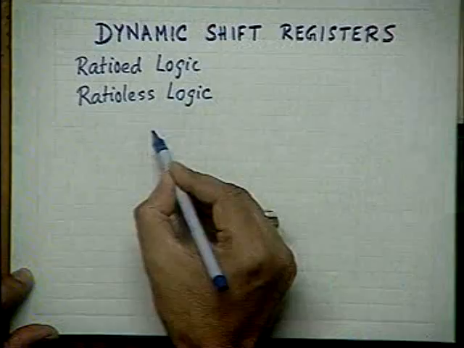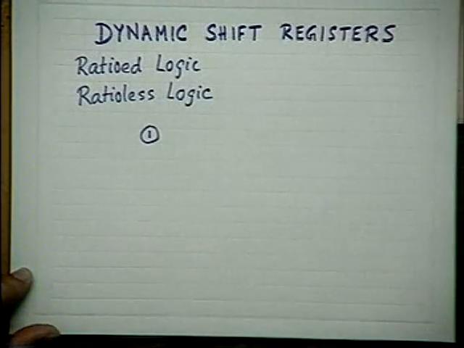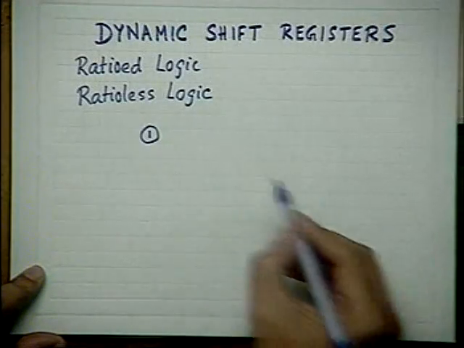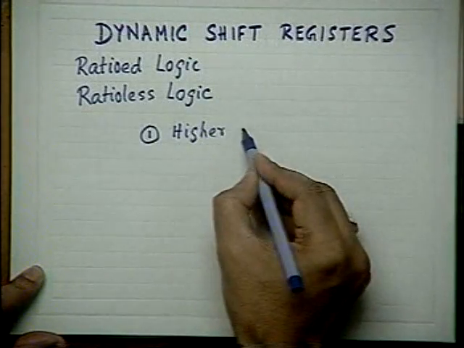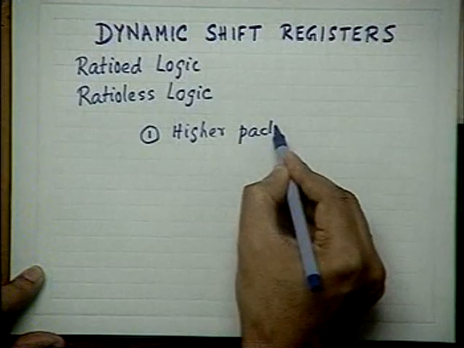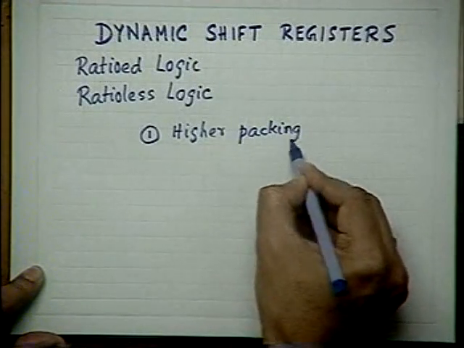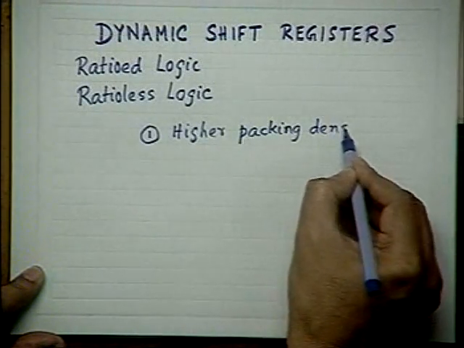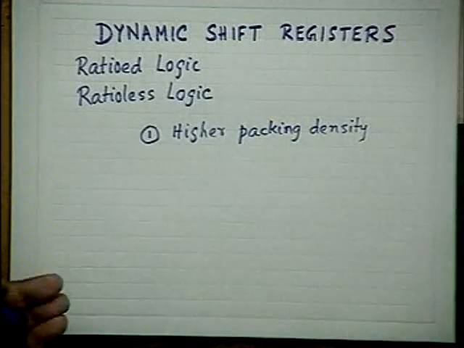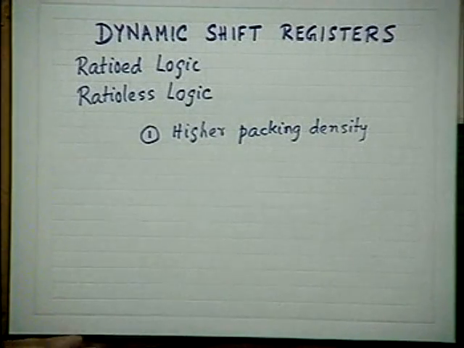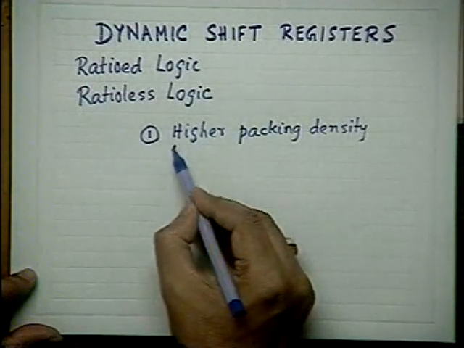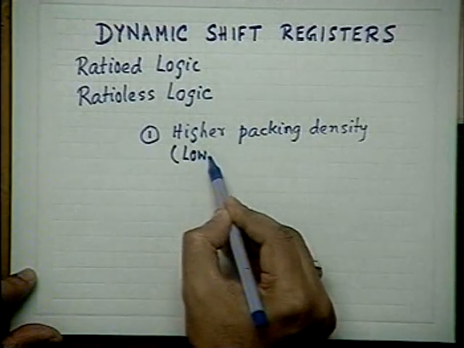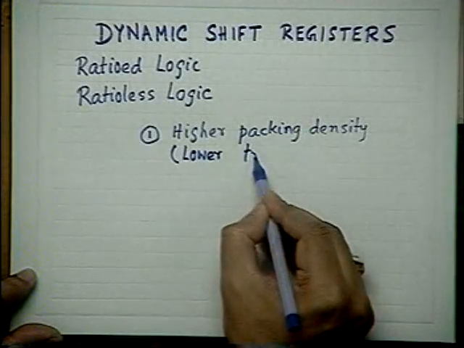One is higher packing density, that means lower transistor count.